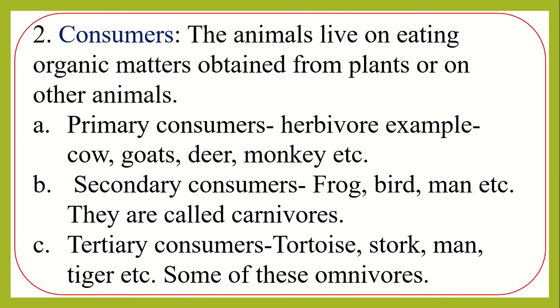Finally, tertiary consumers: tortoise, shark, man, tiger, etc. Some of these are omnivores. You may ask, what is omnivore? The animals that eat herbivores and carnivores both are called omnivores. That means omnivores take primary consumers and secondary consumers both.